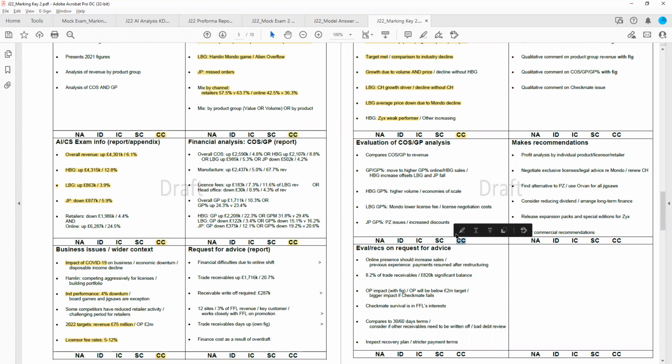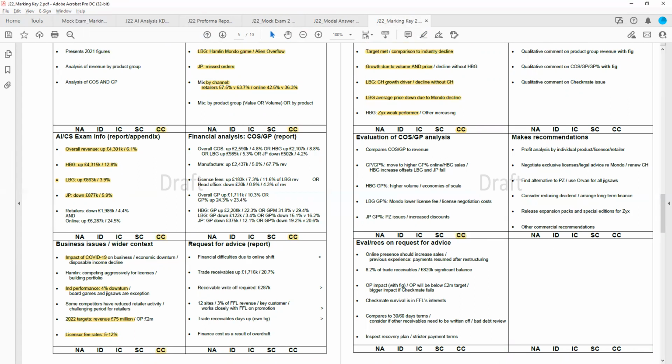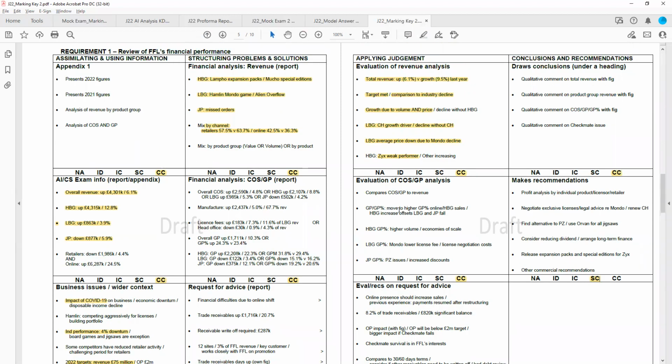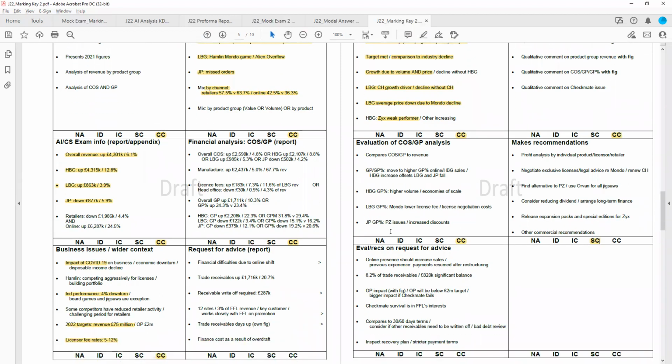But actually, if you've already done all of these, even if you didn't do as well here, and you ended up getting maybe an IC, maybe even an ID in one of them, do your conclusions, do your recommendations, even if you've got a few there, you can still see here, you would do really well overall on requirement 1. So it's not essential to pass it, assuming you've done well on the basic bit, the financial statement analysis, the performance analysis.